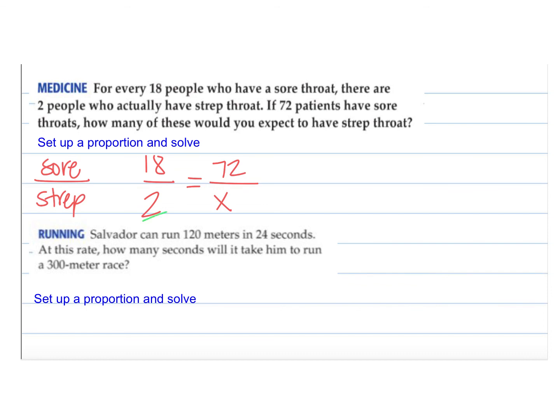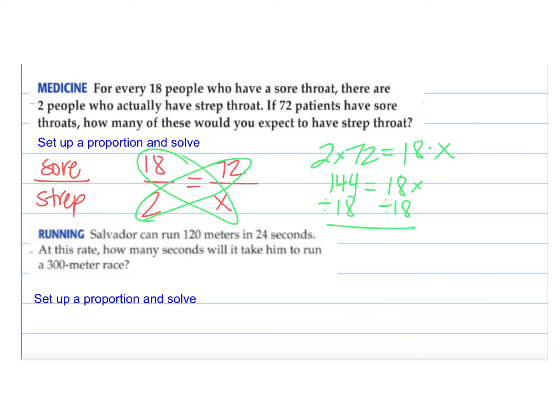Now I'm going to solve the proportion by solving my cross products again. So 2 times 72 and 18 times x. So 72 times 2, which is 144, equals 18x. Divide both sides by 18.